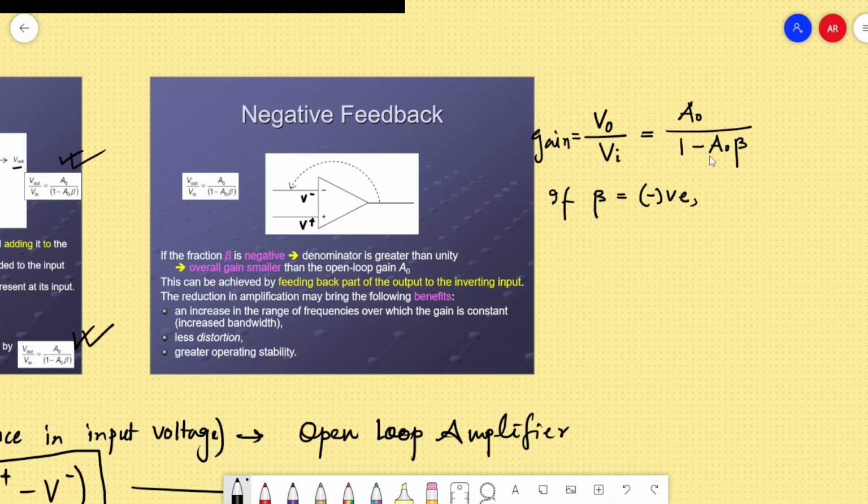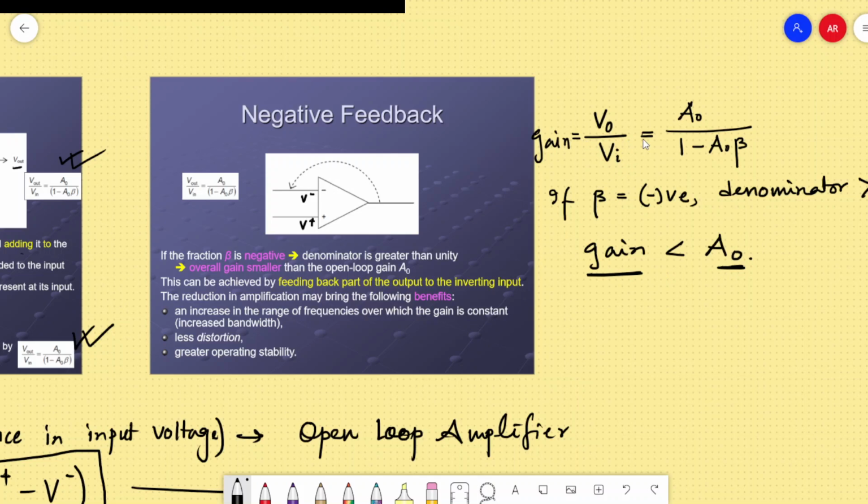So the denominator is going to be greater than 1, right? If it is greater than 1, then the gain is smaller than the open loop gain. This is the feedback gain, and it is smaller than the open loop gain.